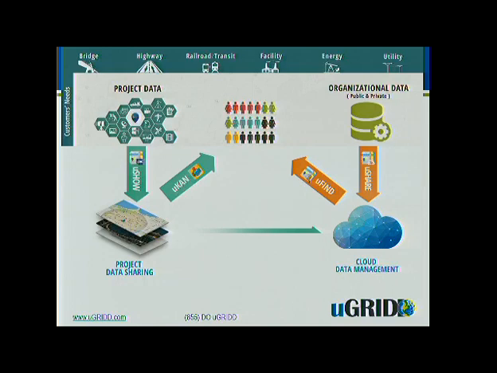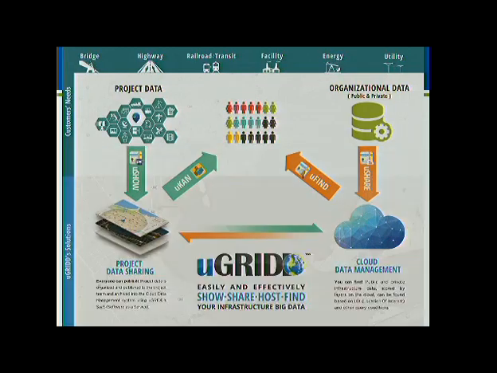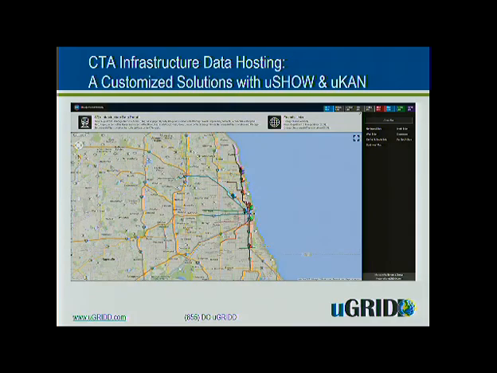So you put the location on the map, you search the data around you. So each of these, I have some demonstration coming up. So basically, uGRIDD is aimed to show, share, host, and find infrastructure data, to make it easier for professionals like ourselves. First, I'm going to do a quick demo of a CTA portal we have created.